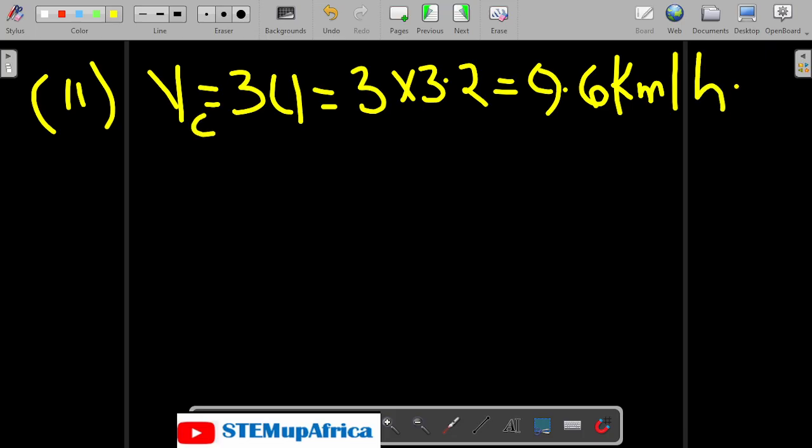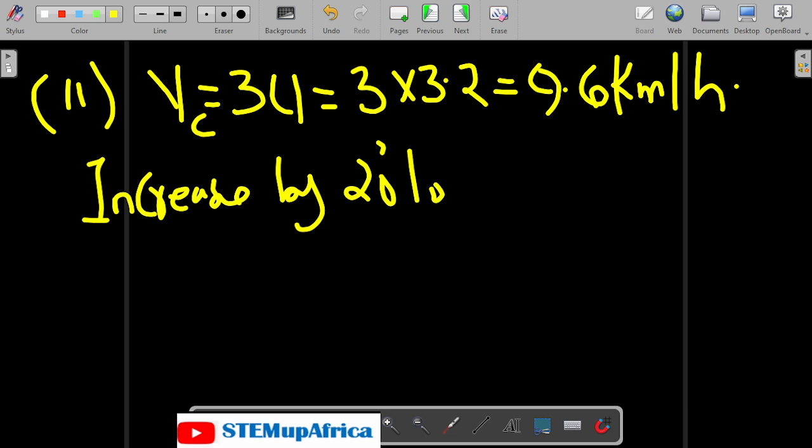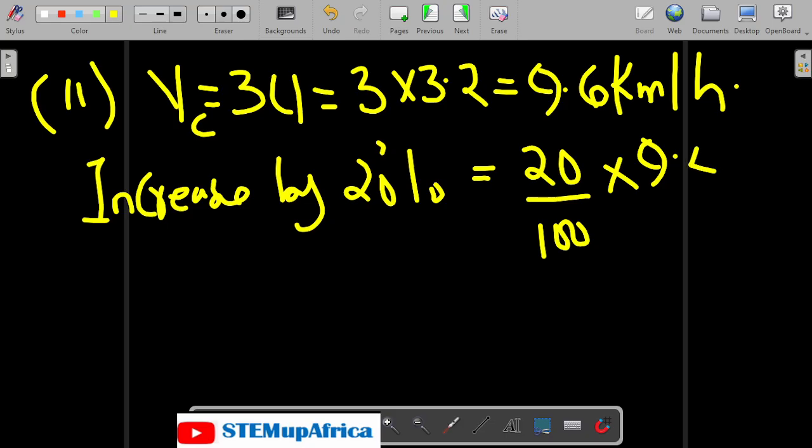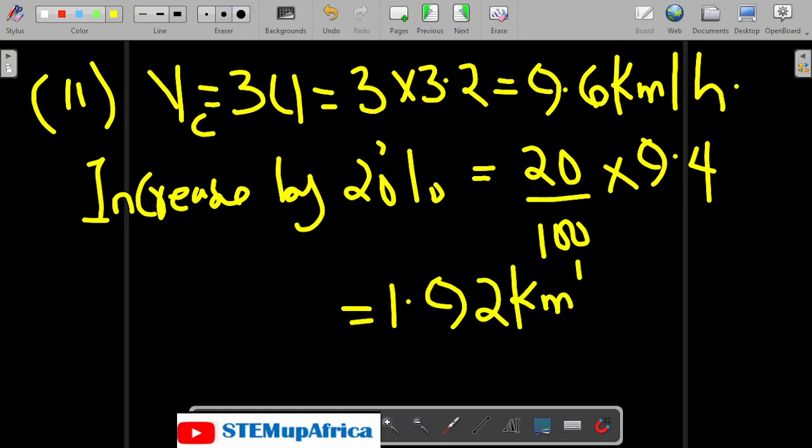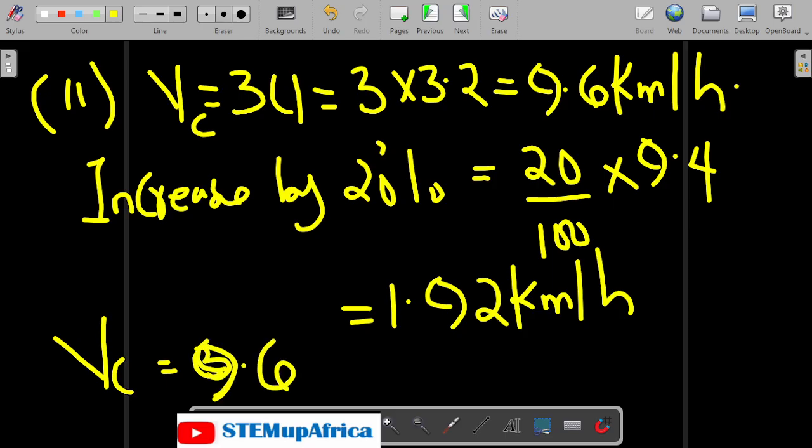So we say increased by 20%. Increased by 20% will be 20 over 100 times 9.6. So I'm having times 20 divided by 100. That will give us 1.92 kilometers per hour. So the total speed now, when increased, will be 9.6 plus 1.92.